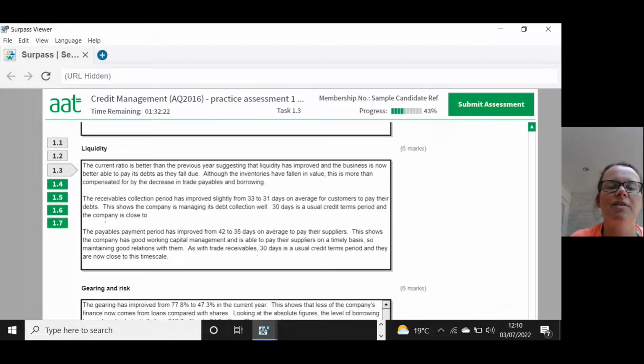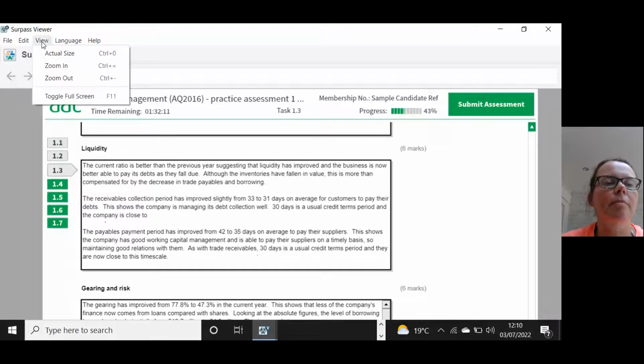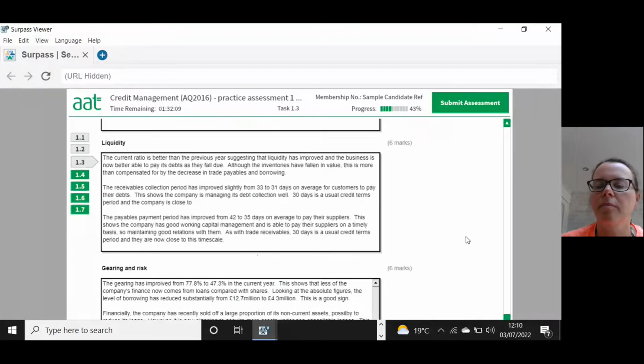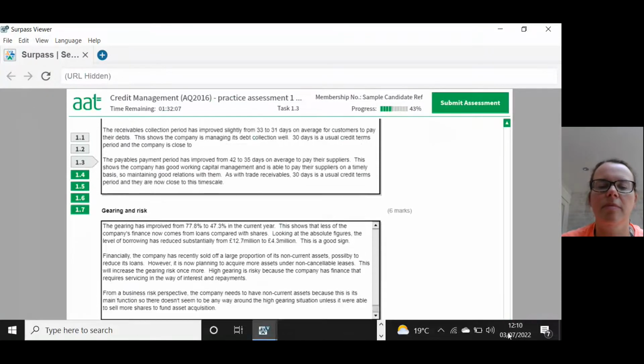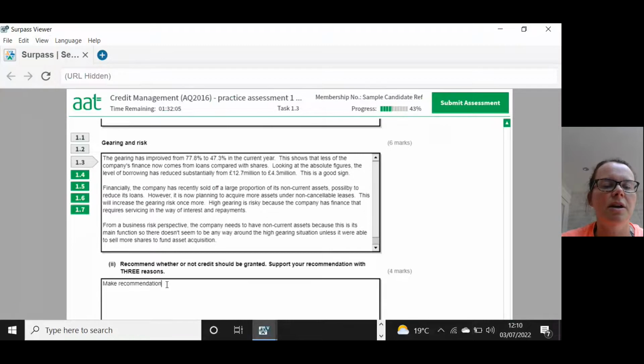The only real problem we have is the gearing. So how should you summarize this? Well, you'll be looking at 3 statements.